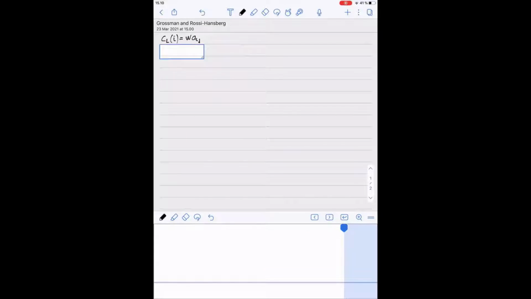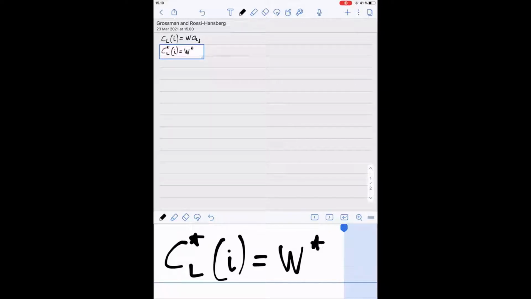Now in contrast, the unit cost for the same task I abroad is equal to the foreign wage W star times A_L^J, because the technology is going to be the same at home and abroad.